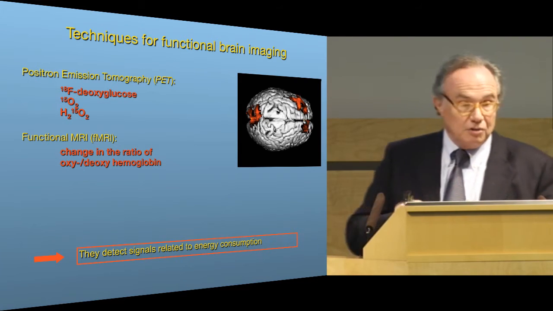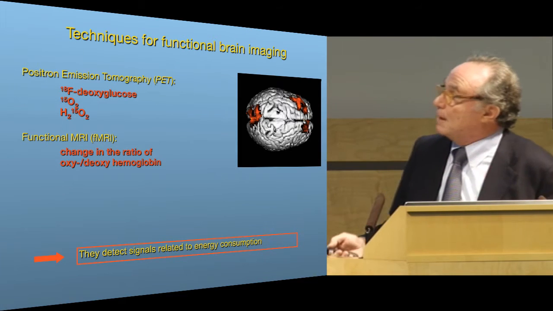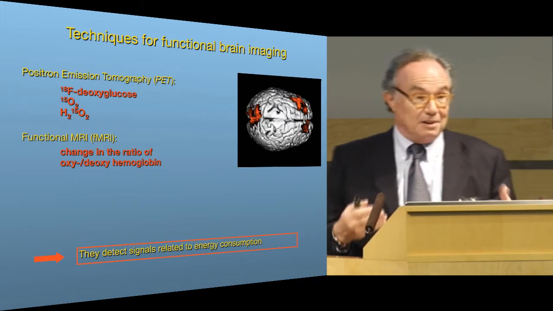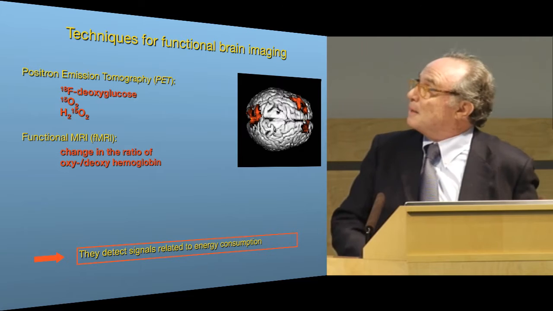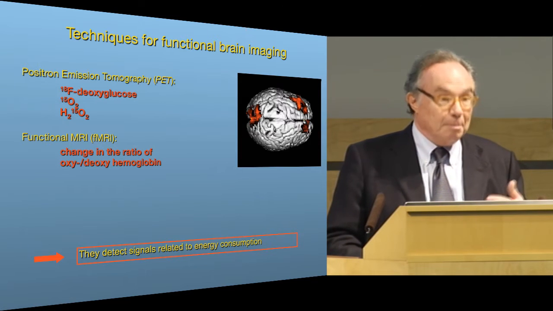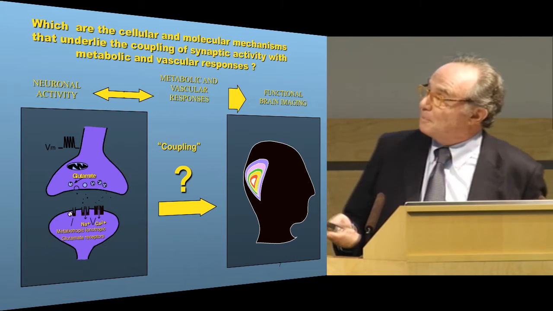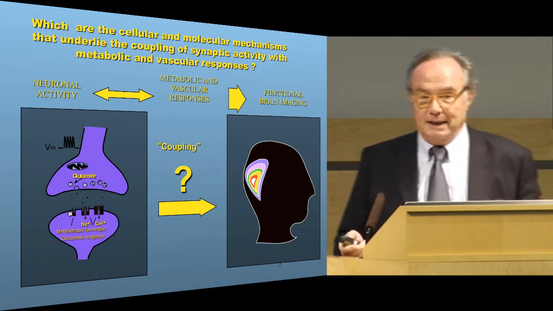And it's actually the change in oxy-deoxyhemoglobin that provides the intrinsic signal. So all these techniques that are widely used, we have seen examples yesterday, and we will certainly see today again, all measure indices of metabolism, which hopefully are related to the electrochemical events that occur at the synapse.